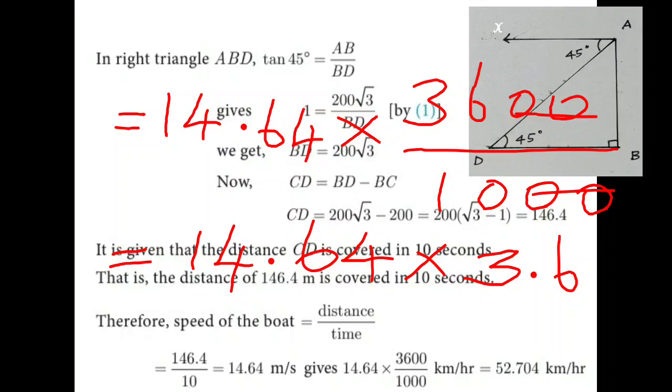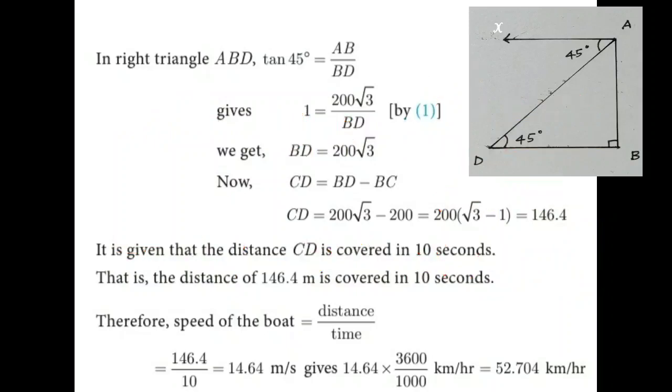Then 2 zeros cancel. Then 14.64 into 3.6, we get 52.704 kilometer per hour. Therefore speed of the boat is equal to 52.704 kilometer per hour. Thank you.